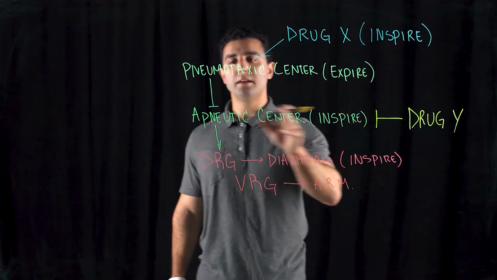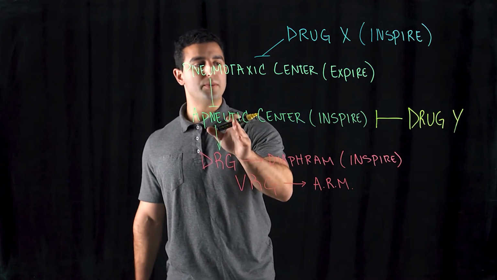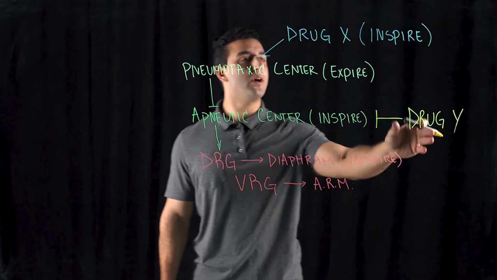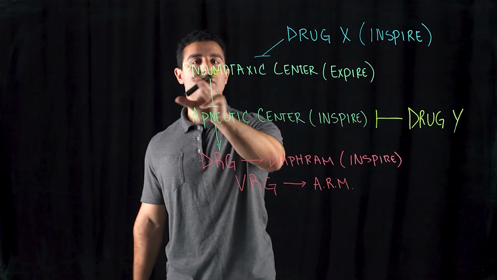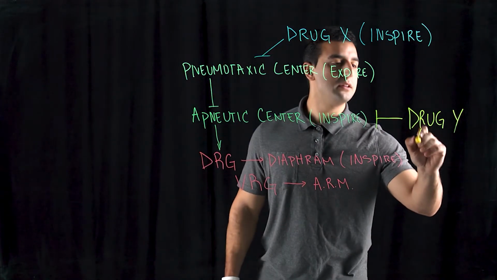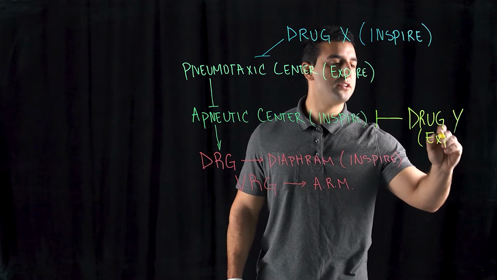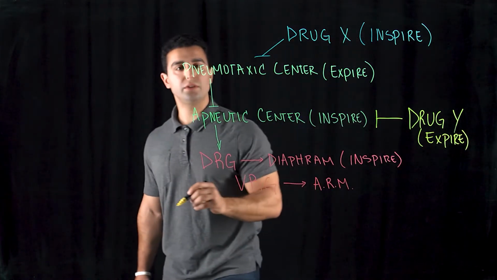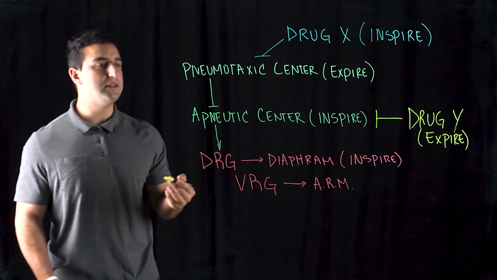You're inhibiting the inspiratory group, so drug Y plays an almost identical function to the pneumotaxic center. This would lead to expiration, so you would expire.